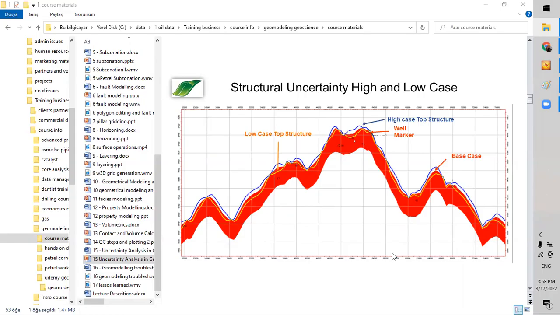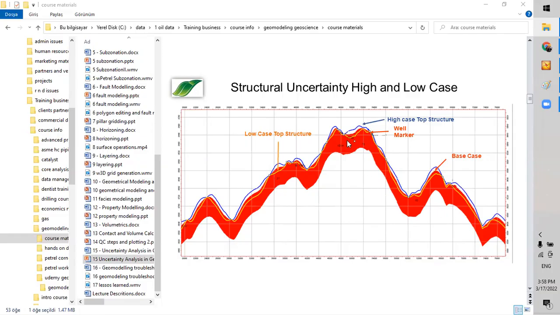I think it was taken from the seismics? Nope. We calculate the volumetrics between the top structure and base. Oh, fluid contact. So above the oil water contact, we calculate the volumetrics.